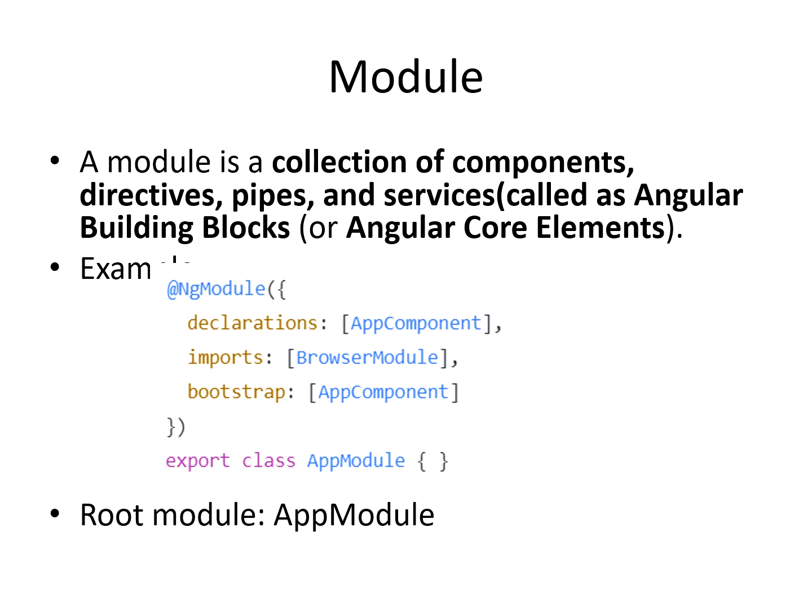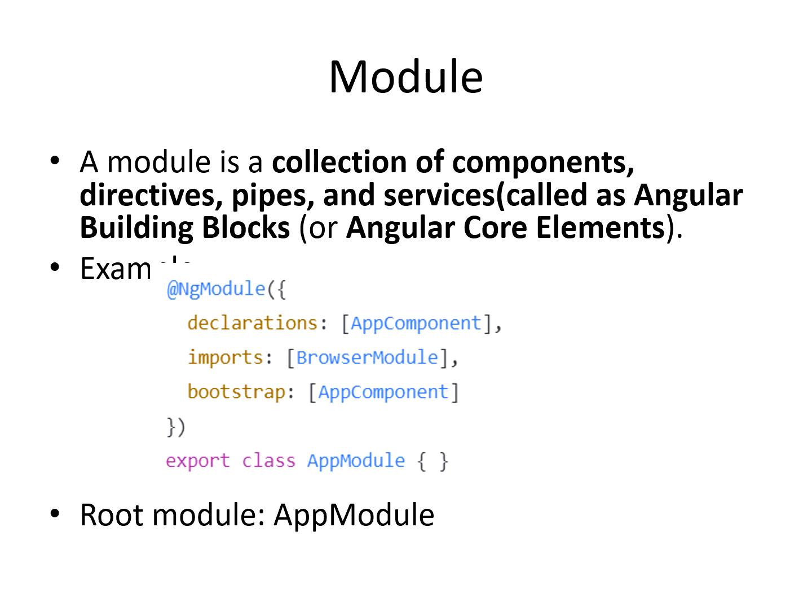A module is a collection of components, directives, pipes, and services. These directives, components, pipes, and services are called Angular building blocks. A class can be defined as a module by using the NgModule decorator, which contains objects such as declarations, imports, and bootstrap.